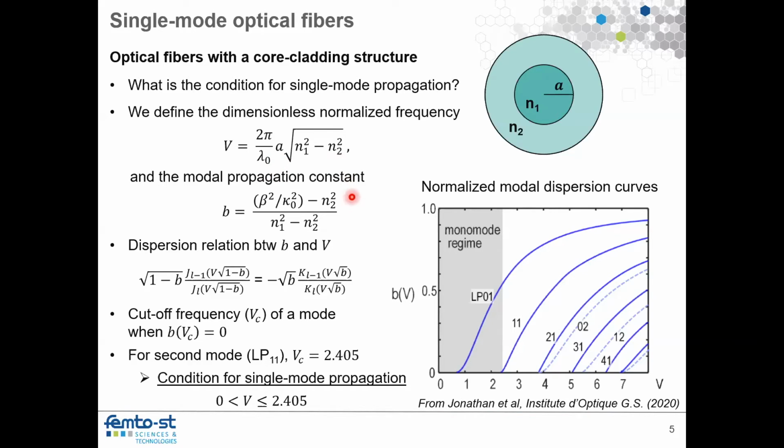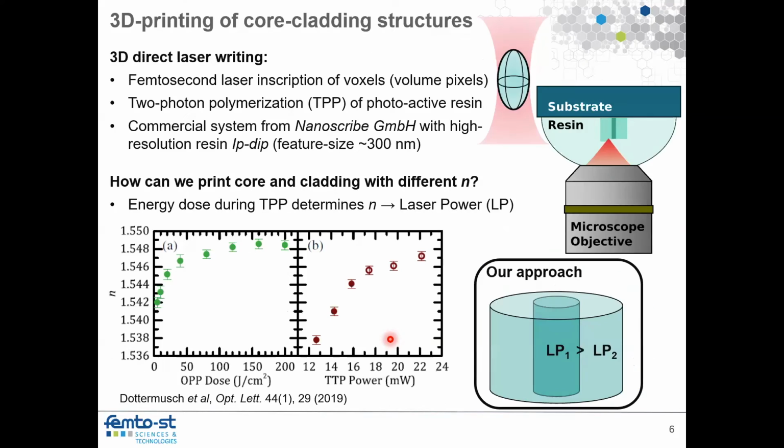When we plot the mode propagation versus the normalized frequency, related by this dispersion relation, you find the conditions for the different modes to propagate inside the fiber. In a cylindrical fiber, the condition for single mode propagation is to have a V between 0 and 2.4. So this is the range for single mode propagation in a normal fiber.